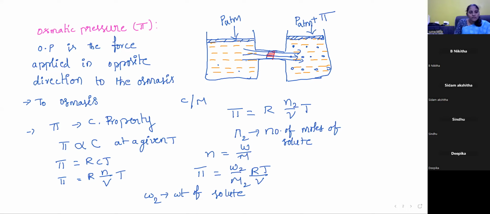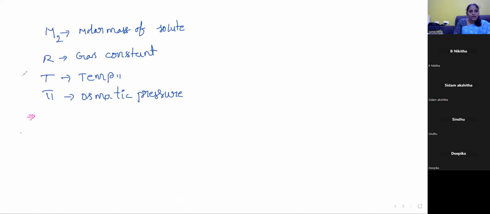Listen, this is about osmosis and osmotic pressure. And one more important point is here. Solutions which are having the same osmotic pressure are known as isotonic solutions.